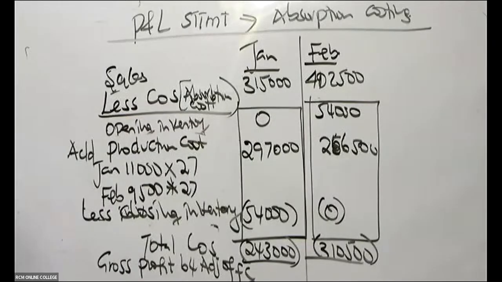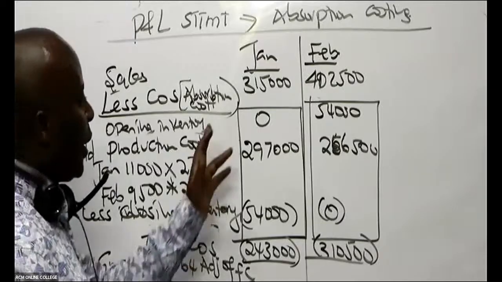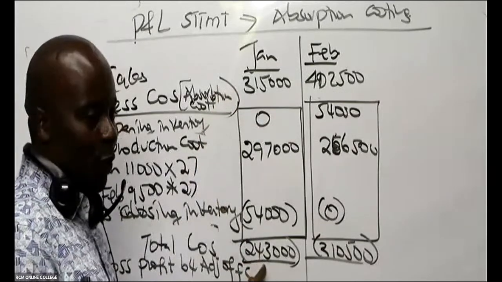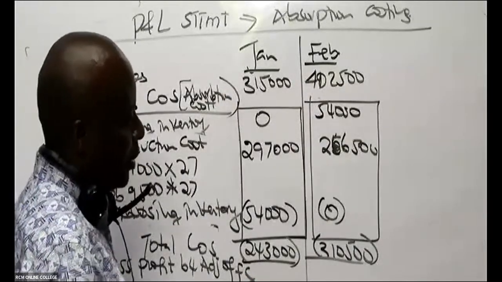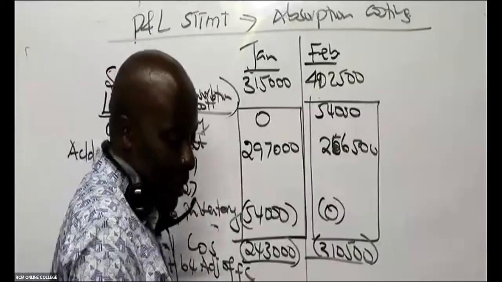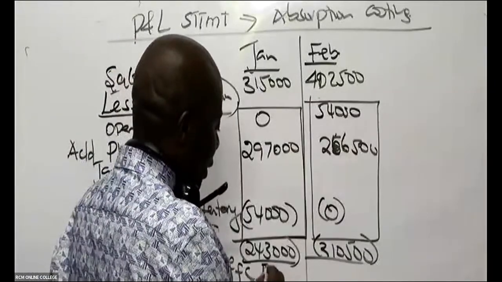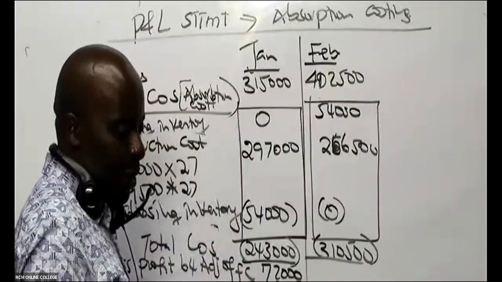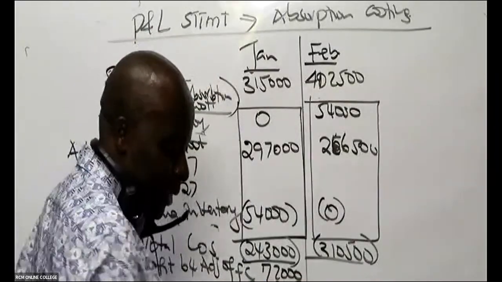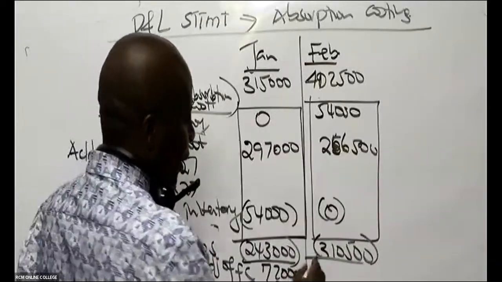So how do you get this gross profit before adjustment of fixed cost? You take the sales revenue, you subtract this 243,000. So the first one I'm being told is 92,000. They're telling me that is February. The first one is 72,000, and then the second one is 92,000.